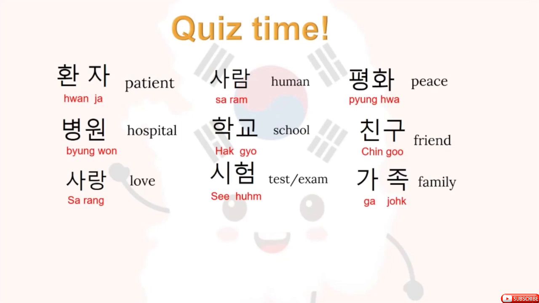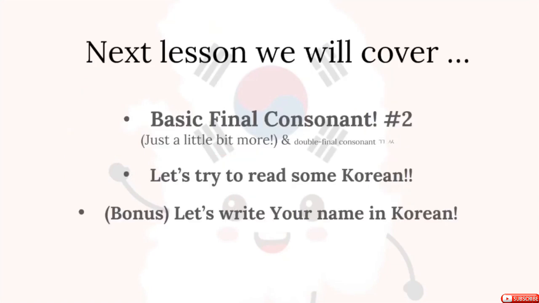So I don't know how you did, but it's okay if you got them all wrong, or if you got a few of them right, that'll be really great. So we're done for our lesson. In the next lesson we will cover the basic final consonant number 2, just a little bit more. So hang in there.